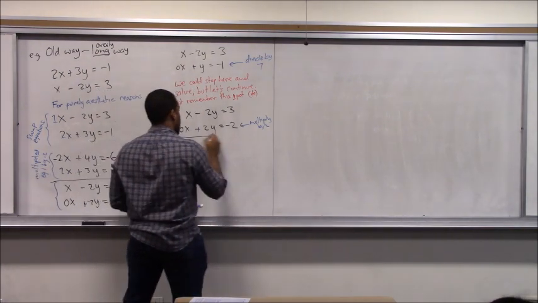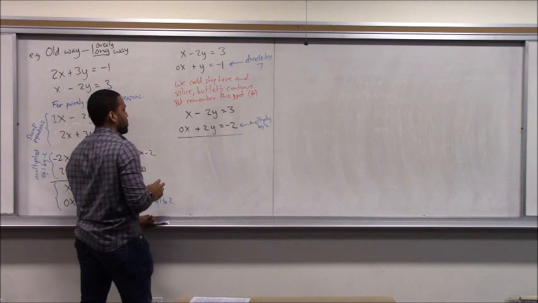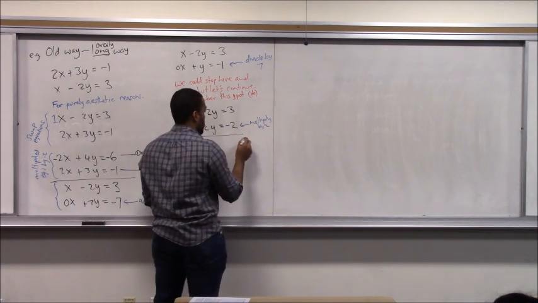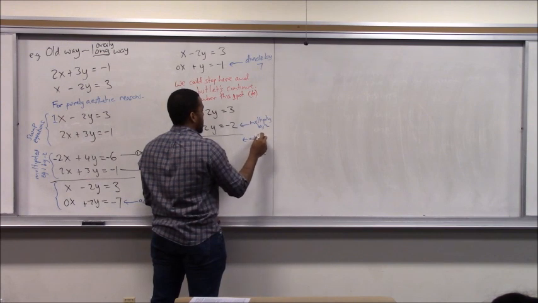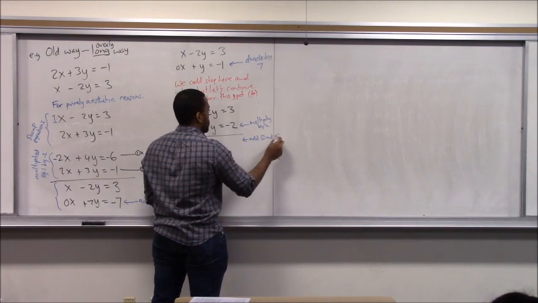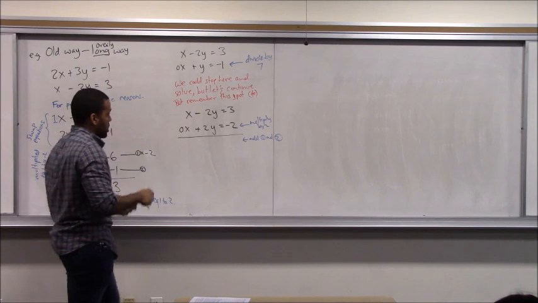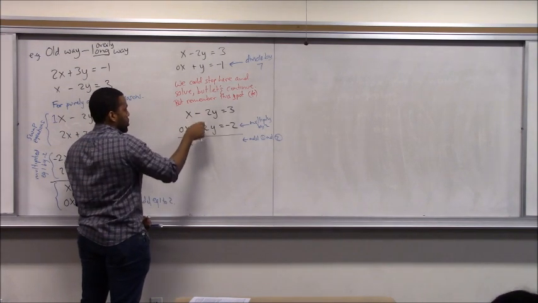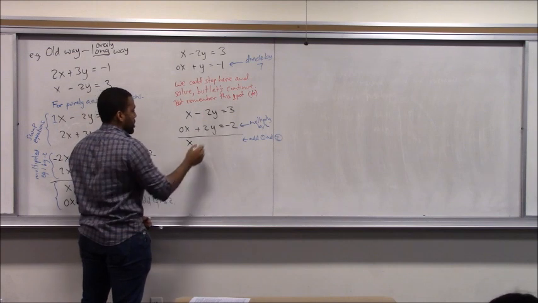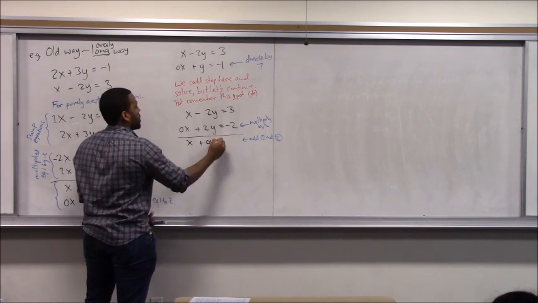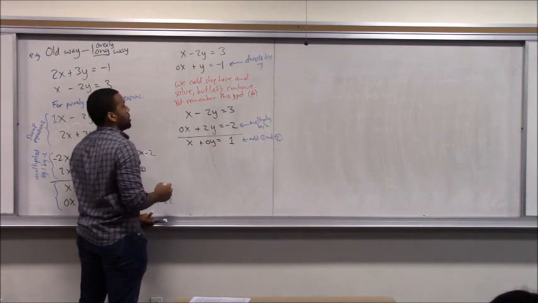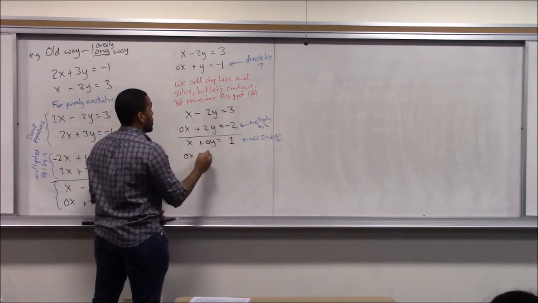Now I can add these, and I'm going to put the result in the top. Add 1 and 2, and put the result in the first line. x plus 0x is just 1x, minus 2y plus 2y is 0y. This plus that is 1, and then I'm going to just copy this one back.